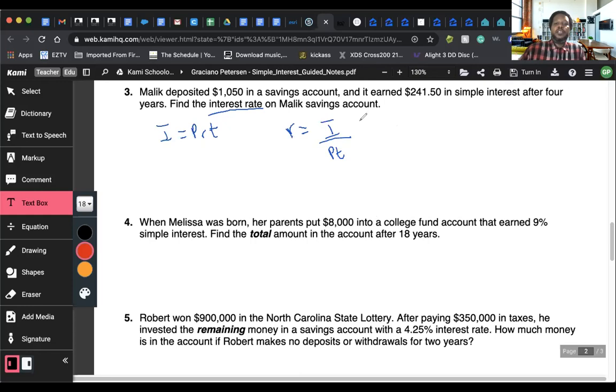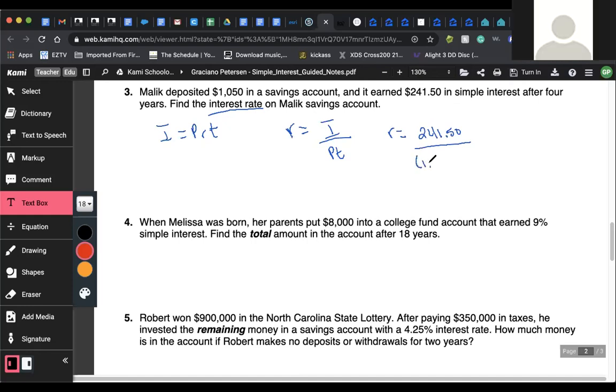And what's our interest? The interest. How much did he earn in interest? $241.50. Very good. What was his principal? $1,050. Good.